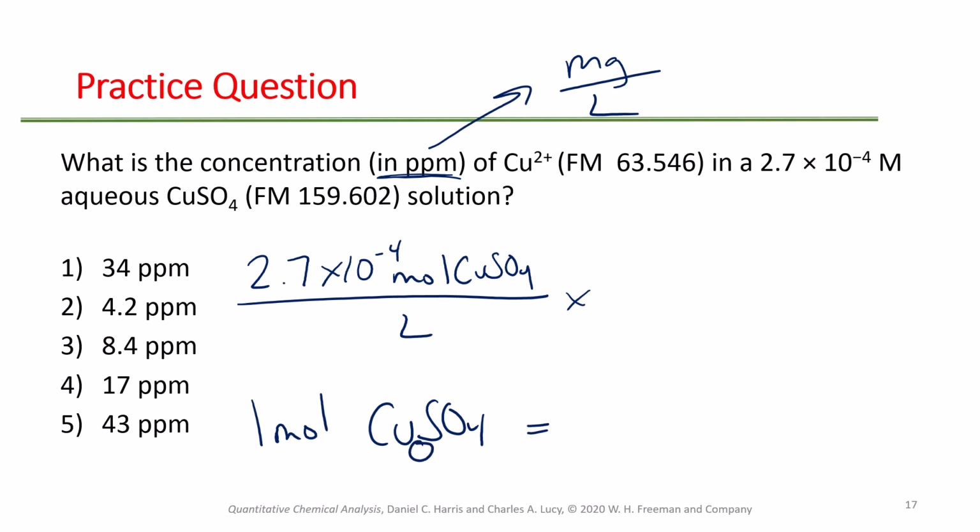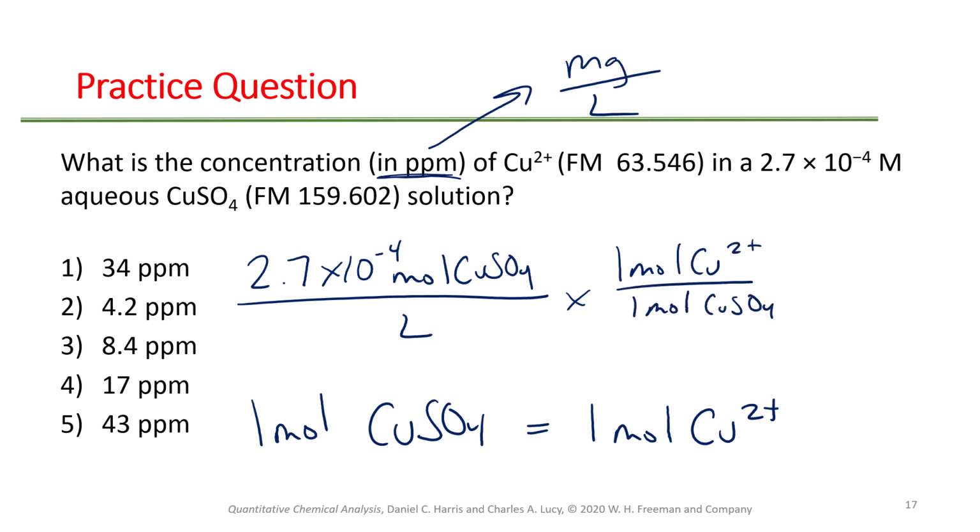Look at the number after the element. If there's no number itself, you can assume it's a 1. If I was to ask you to think about the oxygen, you can say there's 4 oxygen, but copper is going to be a 1 because there's only 1 copper. So 1 mole of Cu2+ per 1 mole of CuSO4. That conversion is important.